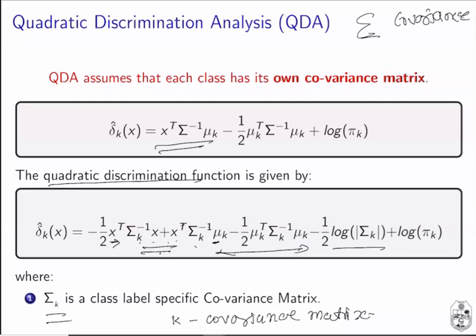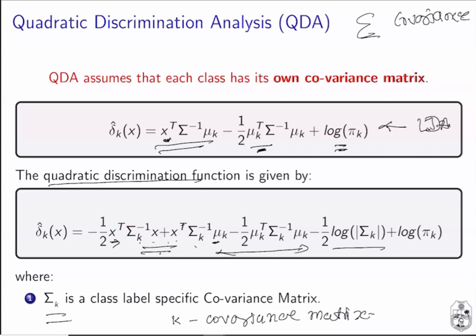See here, this is the function used for LDA. In this term the x is present, and there is no x in this term, and there is no x in this term. So this can be written like this also: delta of x equal to y equals mx plus c, which is m times x, where m is this much and this is the x.